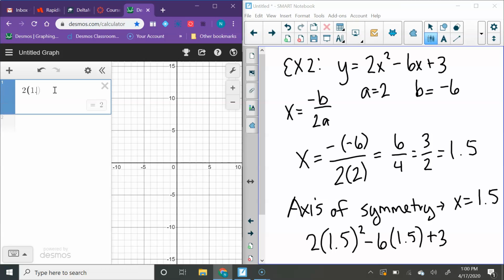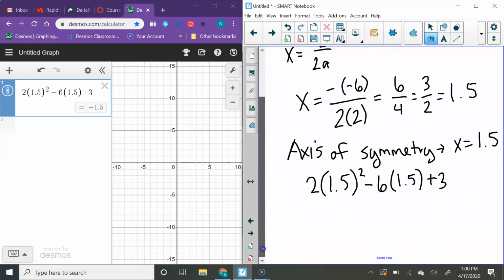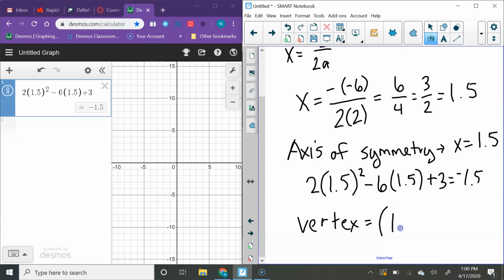So I'm going to go over here to Desmos and just type that in. And we'll get negative 1.5. Alright, so our vertex for this problem would be at 1.5, negative 1.5.